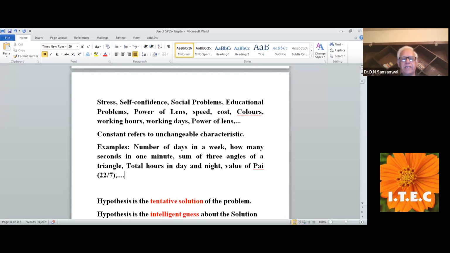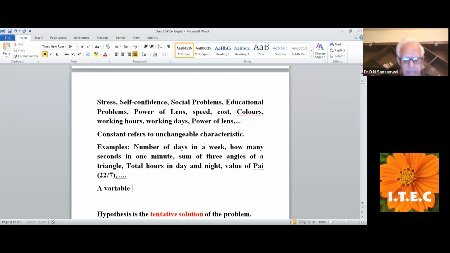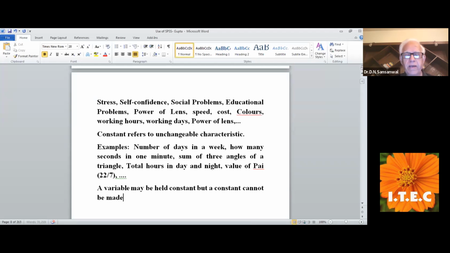Now then another is, a variable may be held constant, but a constant cannot be made variable. This is important, my dear friend.